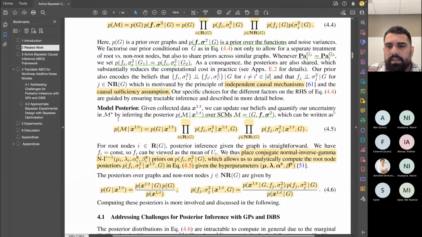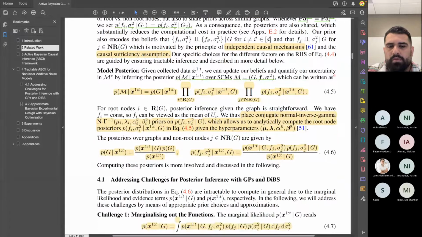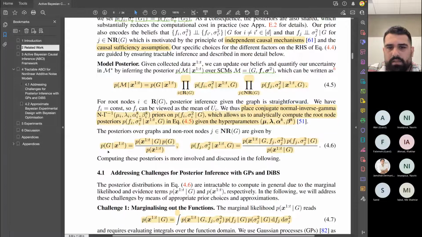And for the model posterior, based on the interventional data that they obtain, they update their belief regarding M star, which is the true causal model, which is the Bayesian approach. This also depends on root nodes and non-root nodes. For root nodes, the posterior is more straightforward because f is constant, since they don't have any parents. But for non-root nodes, because they do have parents, they take this approach.